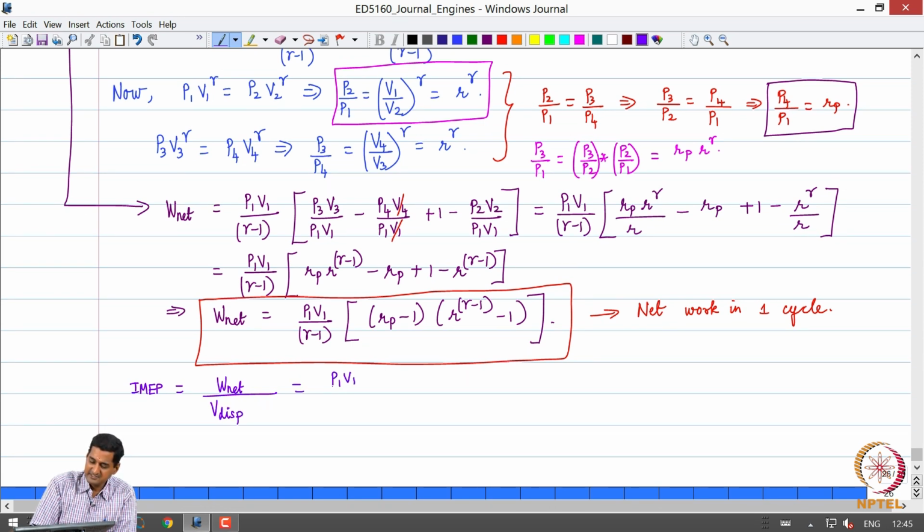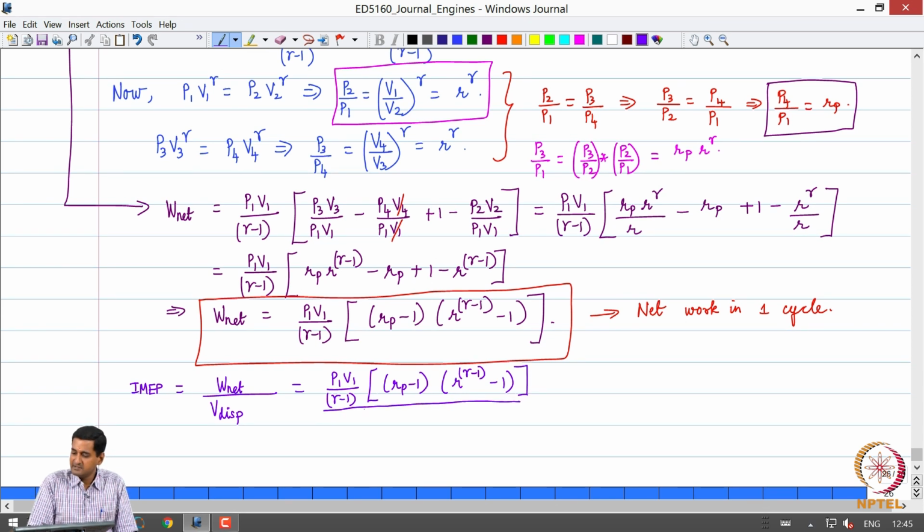The net work done is this P1 V1 power gamma minus 1 multiplied by Rp minus 1 times R power gamma minus 1, divided by the displacement volume, that is going to be V1 divided by R times R minus 1, right. So, we can immediately see that V1 and V1 cancel off.